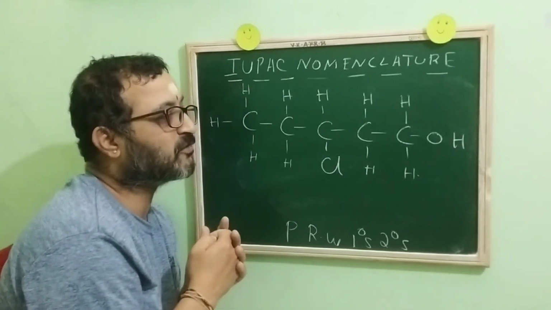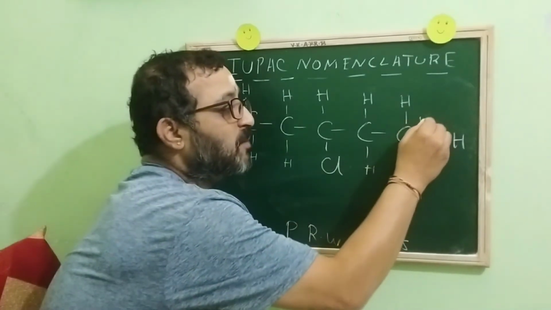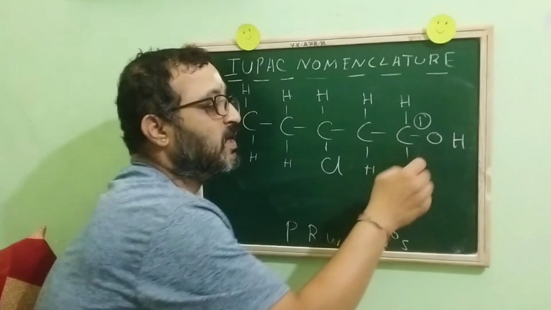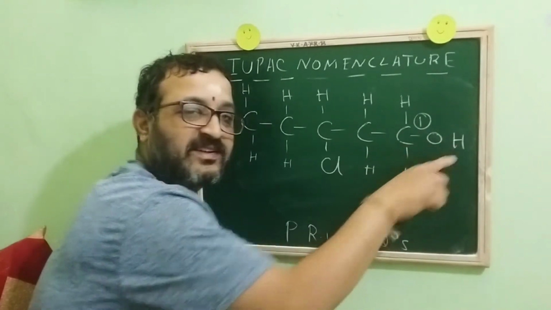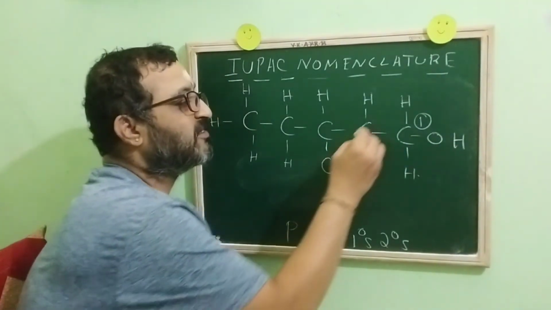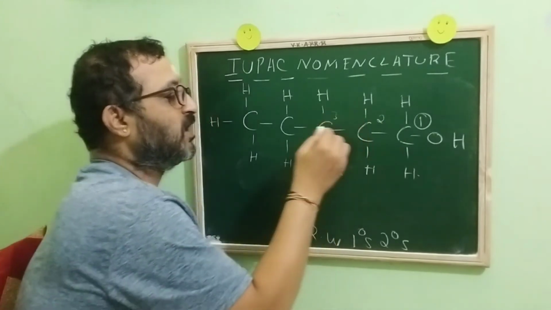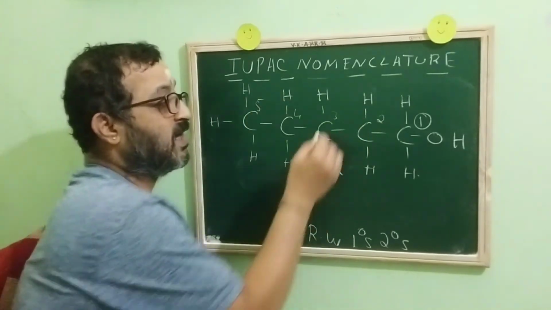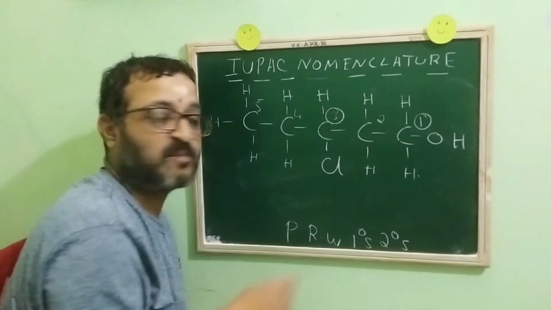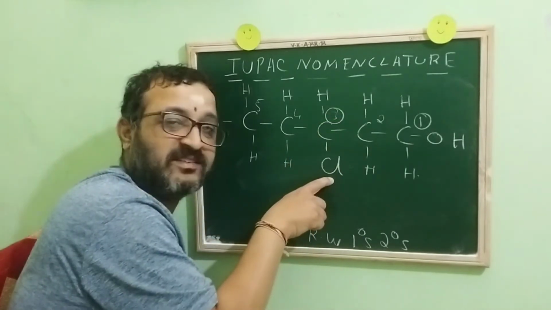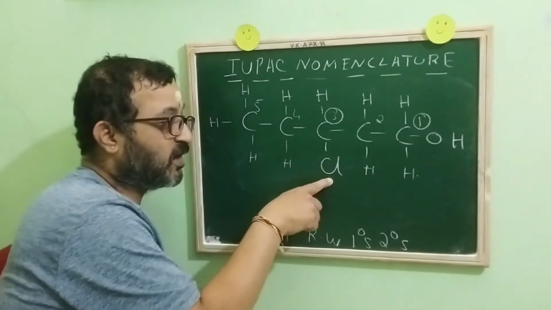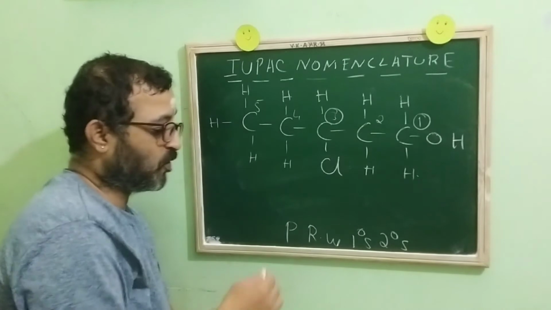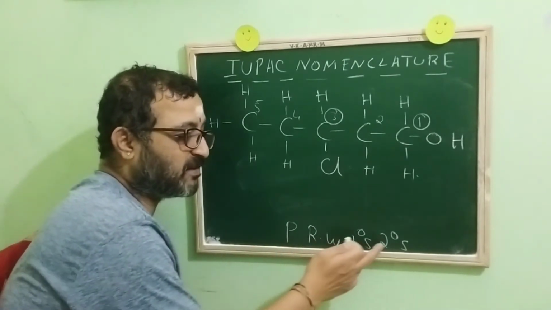Then how to name this compound? Obviously, I'll number this carbon as what? 1, because this is the carbon to which the functional group is attached. Then this is 2, 3, 4, 5. I will circle this carbon also because this is the carbon to which chloro is attached. So, how to name this compound? Prefix, root word, primary suffix, secondary suffix.